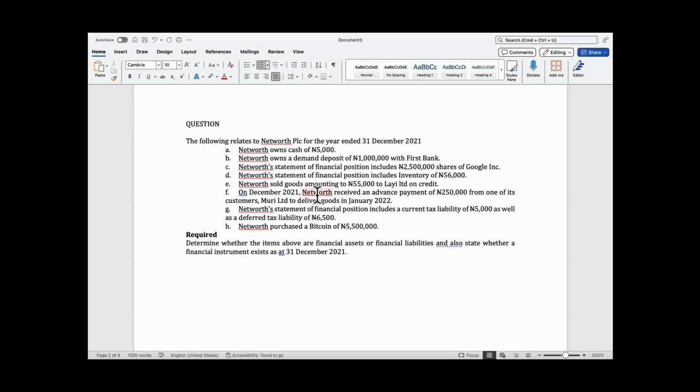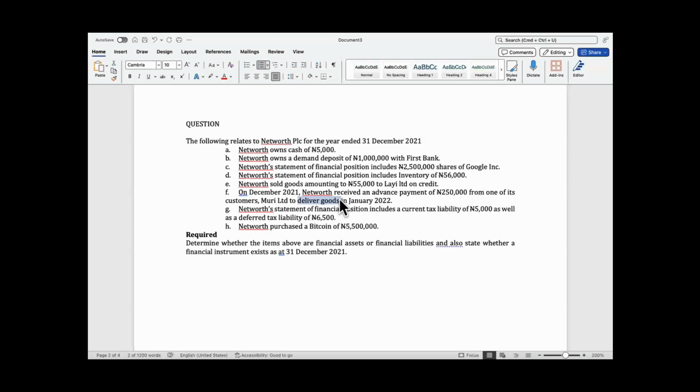The focus of financial liability is the obligation to deliver cash. So when Networth received an advance payment, collecting money from a customer to deliver goods, that is, according to IFRS 15, a contract liability.